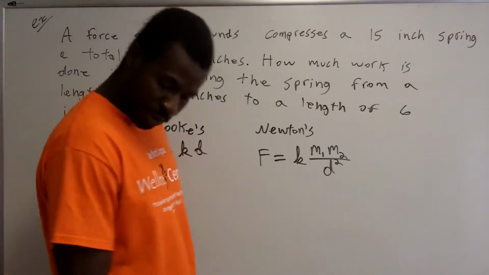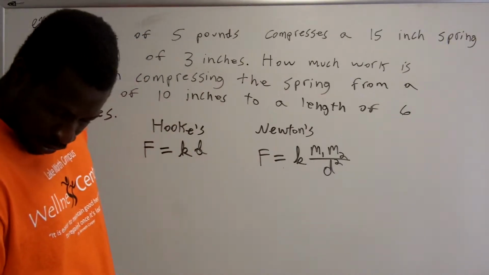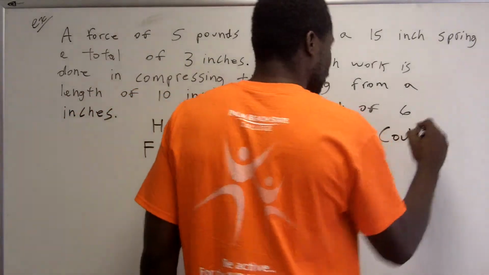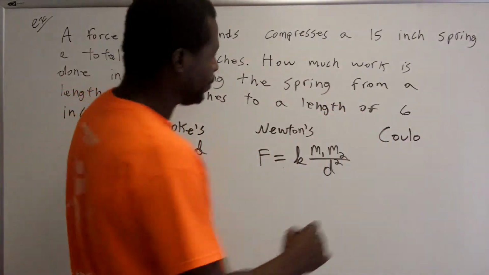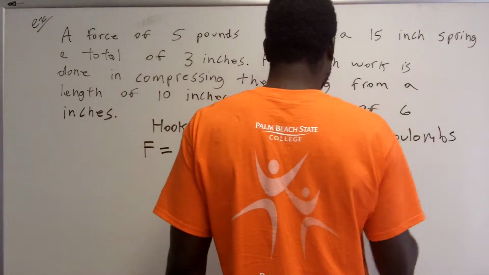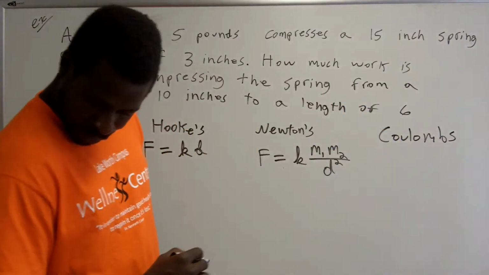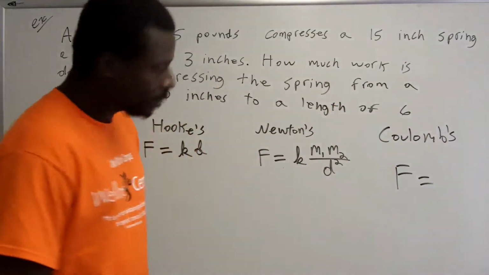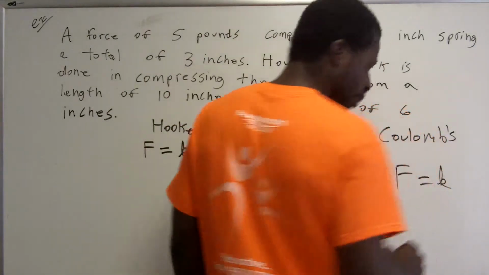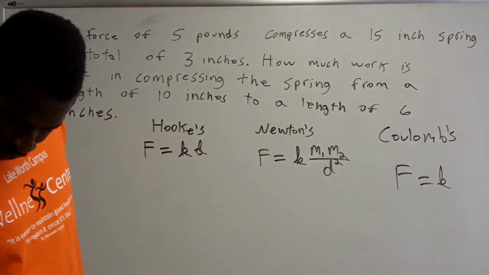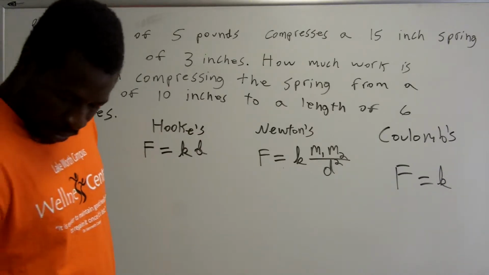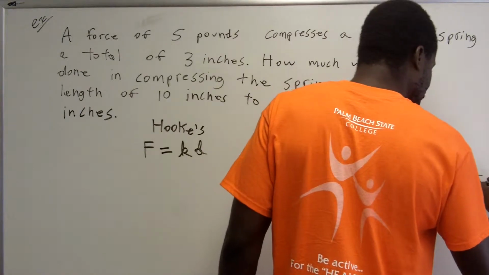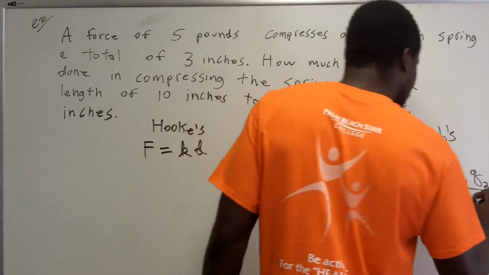And then we also have Coulomb's law. Coulomb's law is for electrons or electricity. It says that the force is equal to some constant, multiplied by the two charges, Q1 and Q2, which are electrical charges, divided by the distance between those electrical charges.